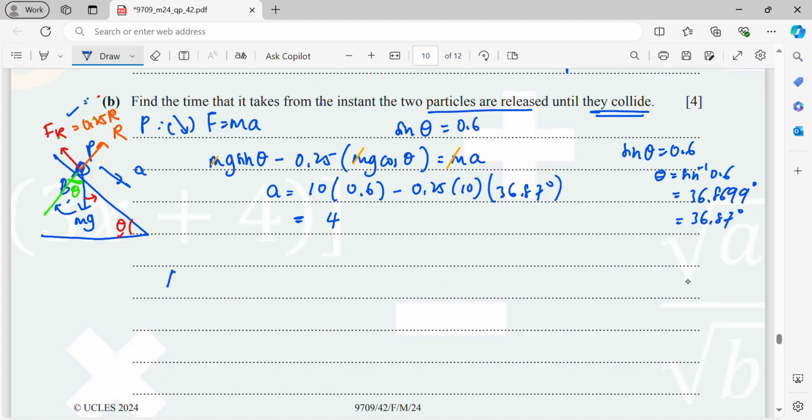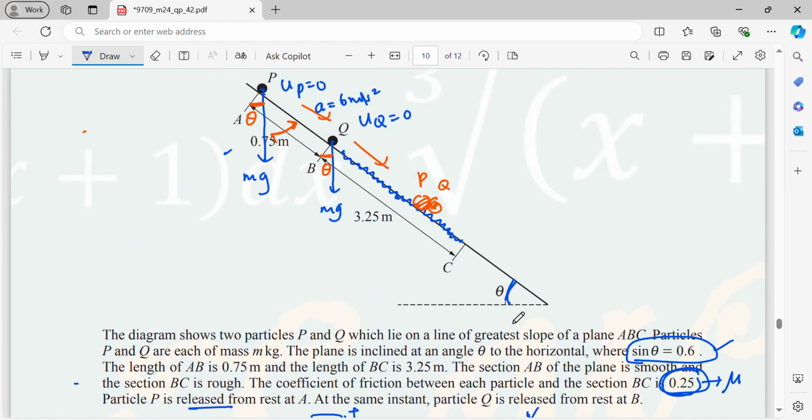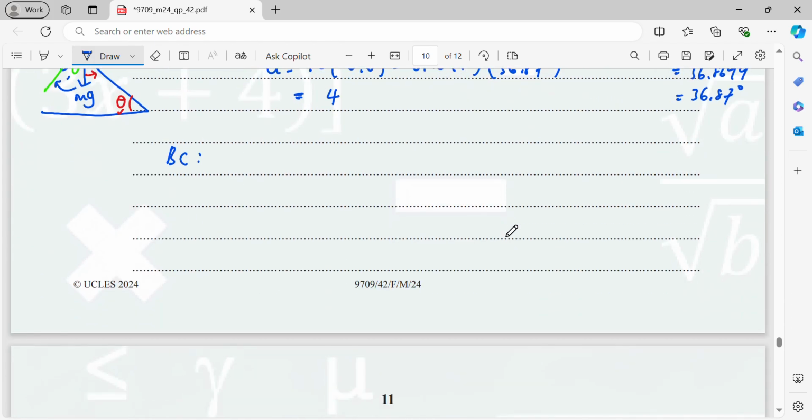So now I need to find out when it passes through point B, it will collide with the Q in between B and C, because P is moving down with the frictional force. So now I will just write S equals UT plus half AT squared.